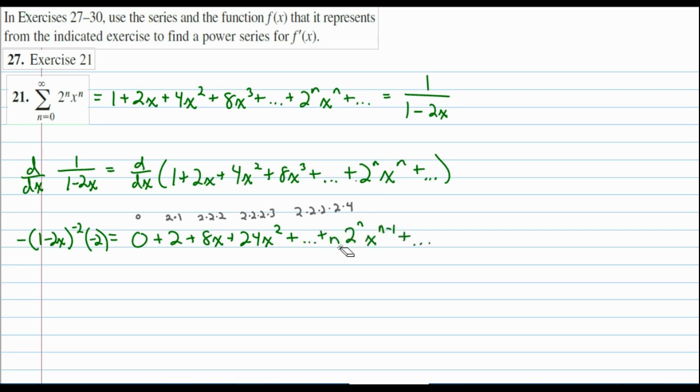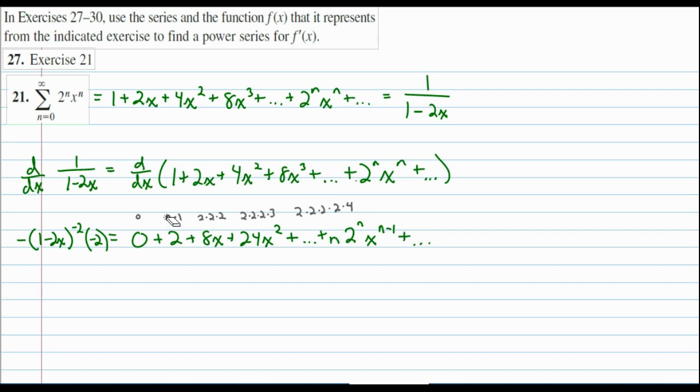The 2's, we have, first of all, n, which we said the old exponent becomes a coefficient, n, 2 to the n. So we have 0 2's here, 1 2, 2 2's, oh there's actually 3, hang on, 3 2's, 4 2's. So we do have 2 to the n, but that extra 1, 2, 3, 4 comes from the n.